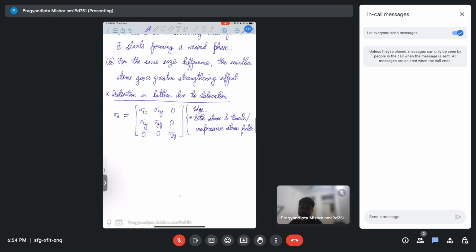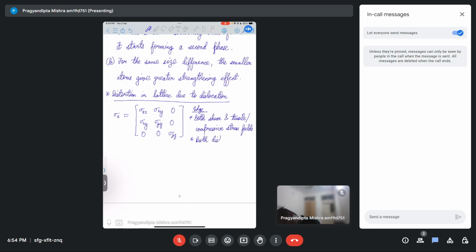While in screw, we are talking about both shear and tensile compressive stress fields. So we'll have both distortional, which is like shear, and dilational, which is like tensile or compressive components.